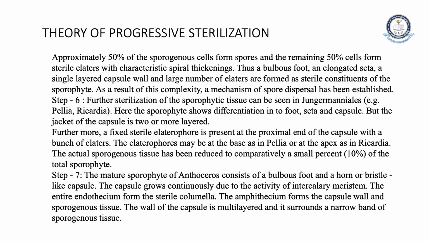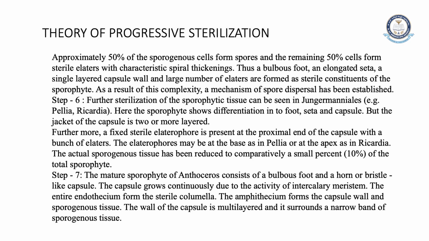Furthermore, a fixed sterile elaterophore is present at the proximal end of the capsule with a bunch of elaters. The elaterophore may be at the base as in Pellia or at the apex as in Riccia. The actual sporogenous tissue has been reduced to a comparatively small percentage, only about 10% of the total sporophyte.